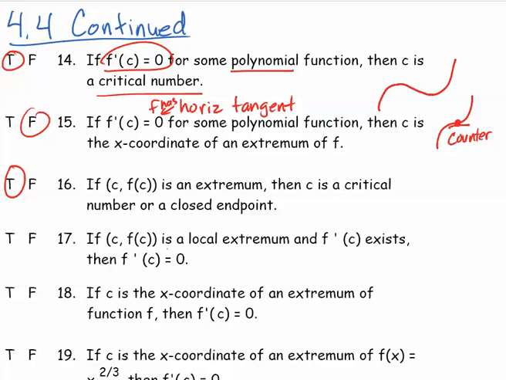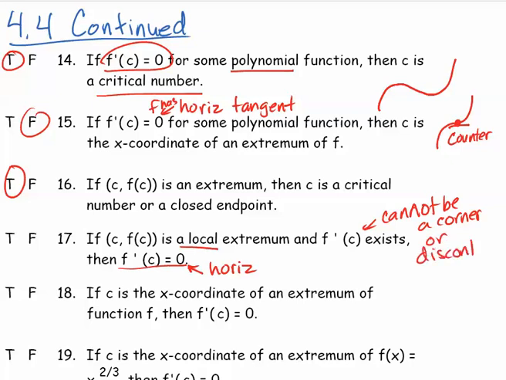And if f of c is a local extremum and the first derivative exists, then does it have to have a horizontal tangent? So if the first derivative exists, this rules out a corner or a discontinuity. So then we have to have a horizontal tangent.